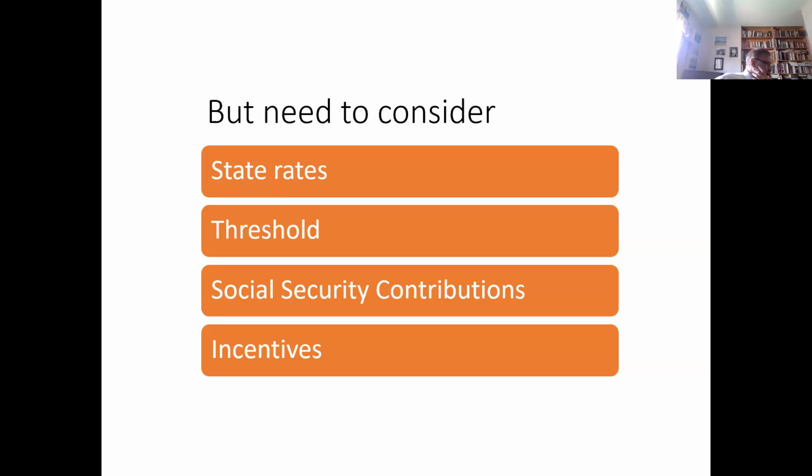Added to the fact that local property taxes in New York are hugely higher than UK council taxes. Thresholds: what would end up at the top rate of tax? The US has a particularly high threshold for that.